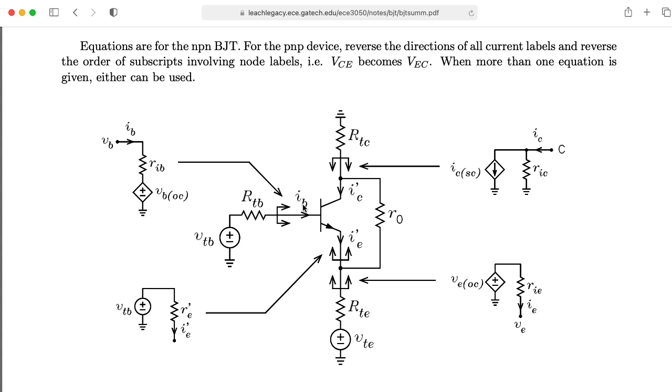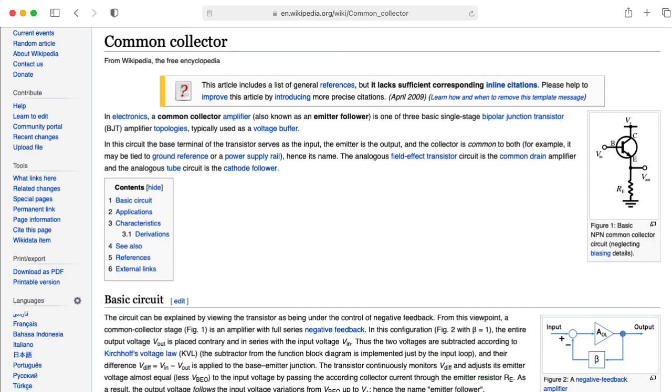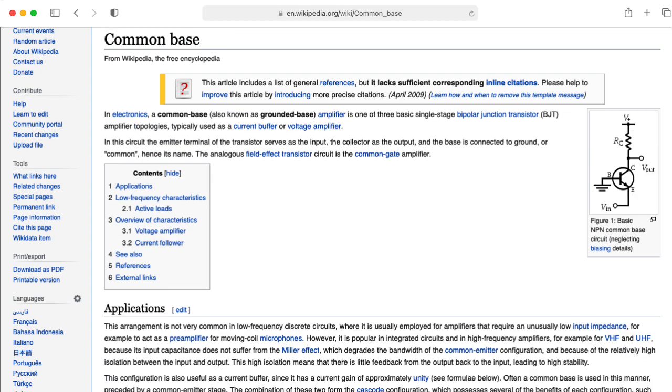You only think about the base as an input. The emitter, on the other hand, might be considered an input or an output depending on the circuit. And in some situations, you can consider it kind of a combination of an input and an output. We'll talk about that later in the class. So we use this kind of Thevenin equivalent circuit when we're computing the gain and the output impedance of the common collector configuration, aka the emitter follower, and when computing the input impedance of the common base configuration.